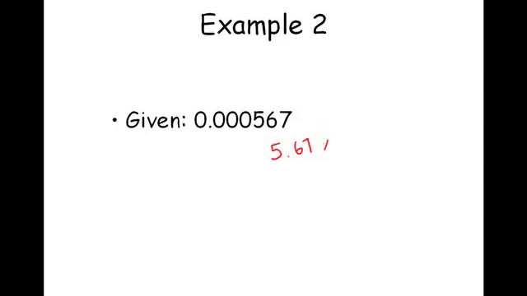Now we have to figure out times 10 to some number. And it has to do with how many decimal places I move it. Okay, so I move it 1, 2, 3, 4. Okay, now since this number is less than 1, it's times 10 to the minus 4. Anytime you see a negative sign on an exponent, that means the number is less than 1. And if it's positive, it's a number greater than 1.